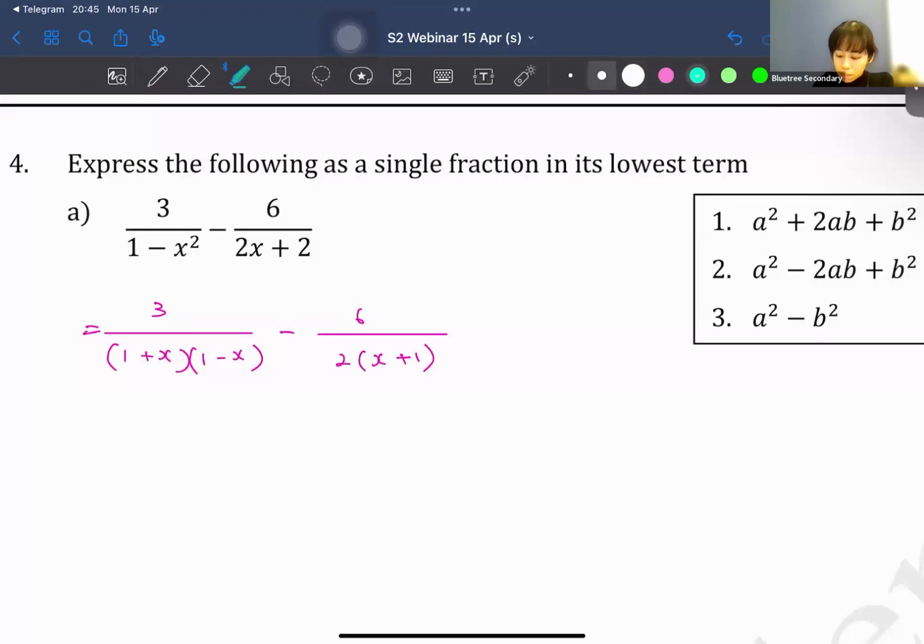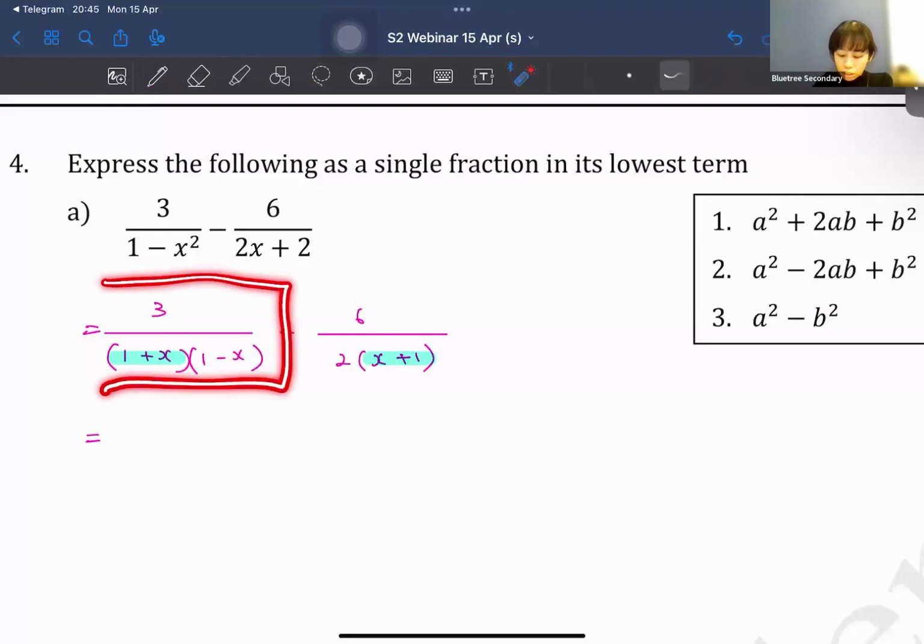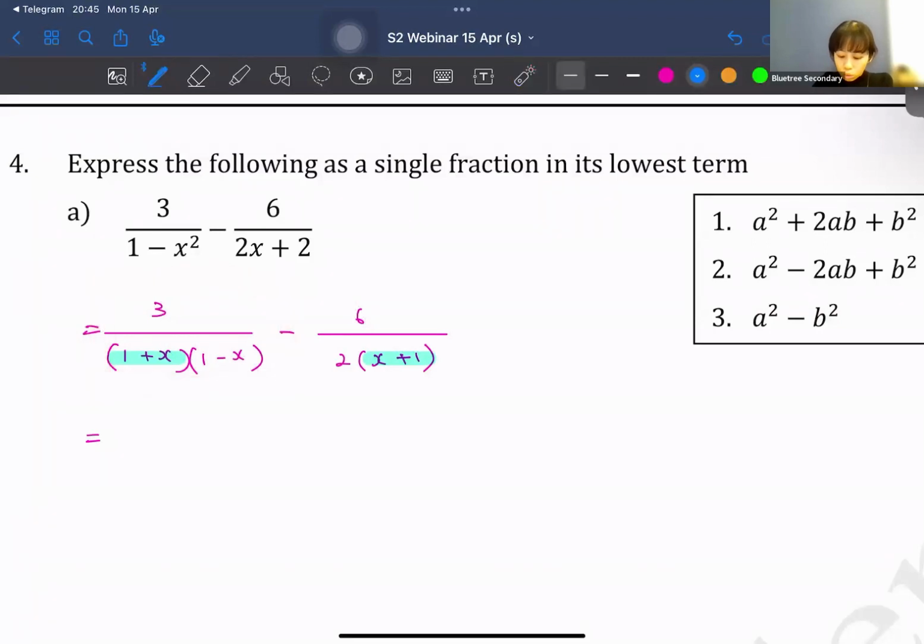Comparing the denominators, you notice that one of the factors is repeated in both denominators. So that means you only need to multiply your first fraction by 2 and your second fraction by this other factor, 1 minus x.